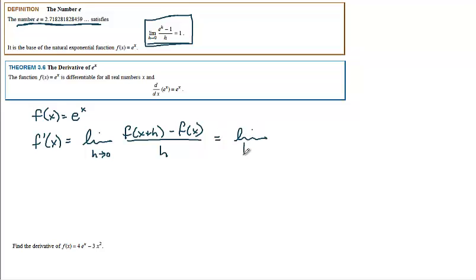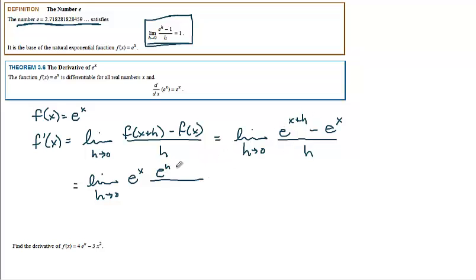This would be the limit as h goes to 0 of e to the x plus h minus e to the x all over h. And then I see that I have an e to the x in both of those, so I'll factor that out. The limit as h goes to 0 of e to the x, and then what do I have left? I'll have an e to the h here, minus a 1 there, and an h here.